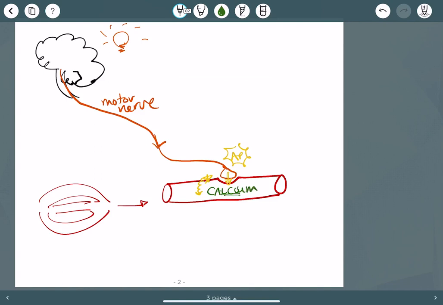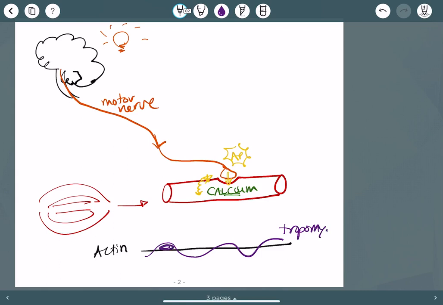And calcium is this really important intracellular trigger to cause a muscle contraction, because on an individual actin, there are active sites that are covered by that ribbony tropomyosin.